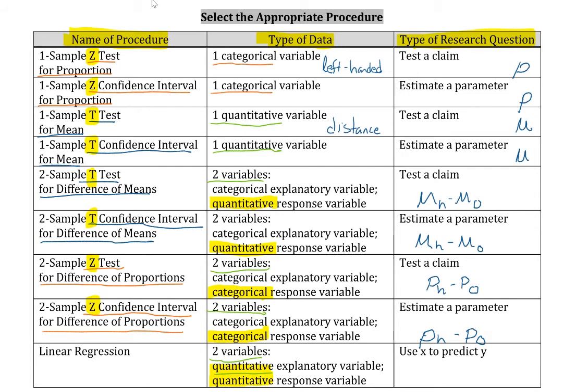We might want to use the weight of your car to predict the gas mileage that you might get. In which case, you're looking at the relationship between these two quantitative variables, and you might want to look at performing a linear regression to find that relationship so you can use one variable to predict the other.